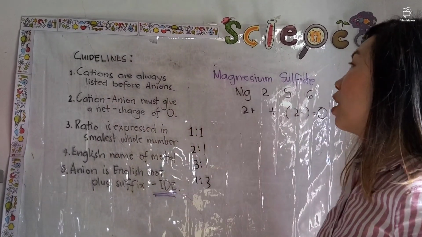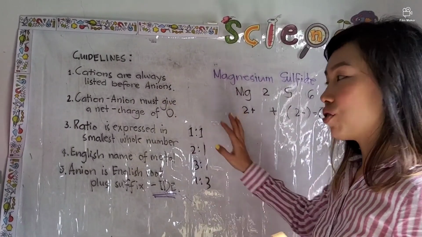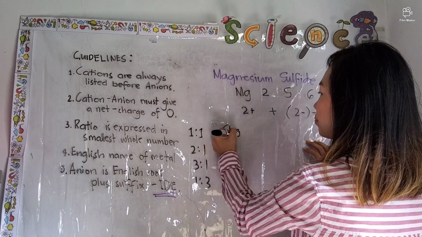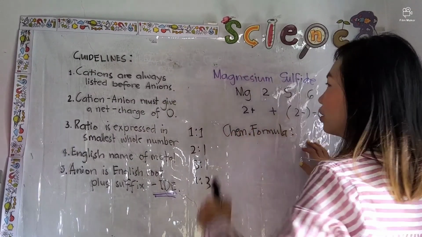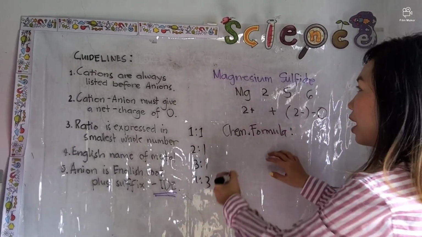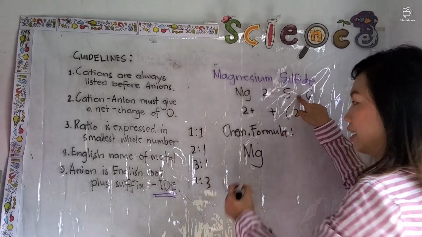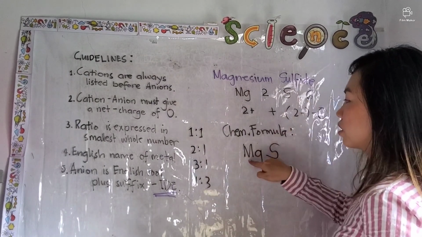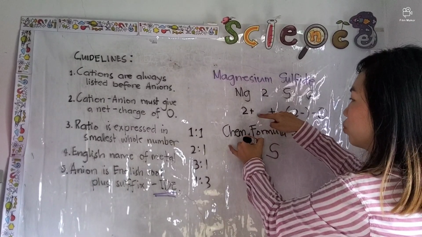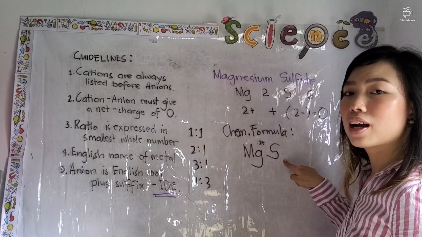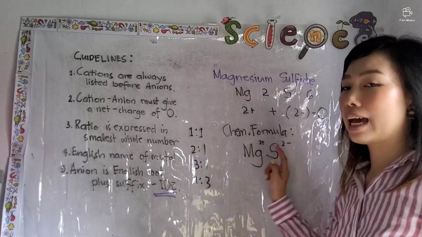So, after mong mabigay ang charge at napag-minus mo na ang kanilang charges, in writing the chemical formula, we have magnesium Mg, and then sulfur is S. Magnesium lose 2 electrons, so you have here positive 2. Sulfur gain 2 electrons, so meron tayo ditong 2 negative.